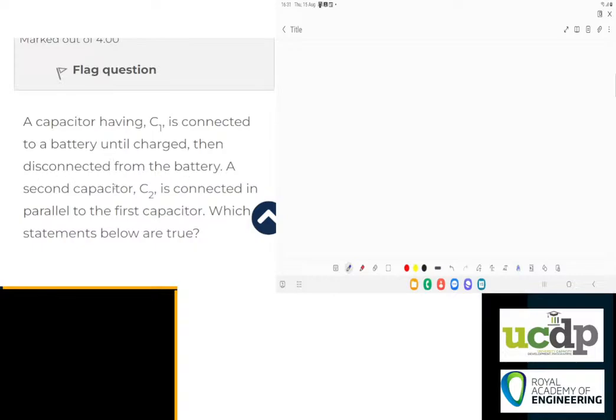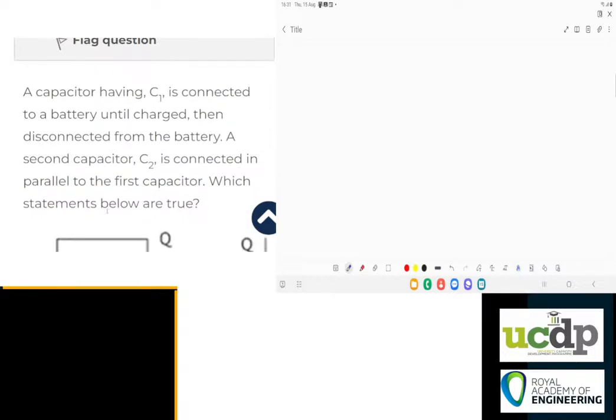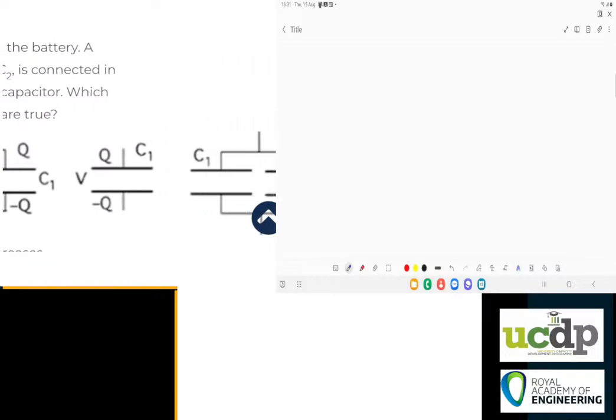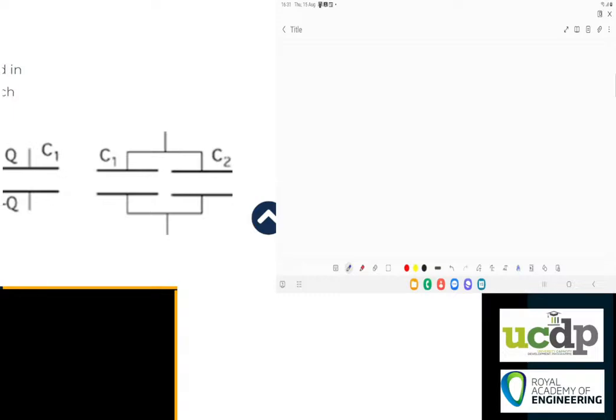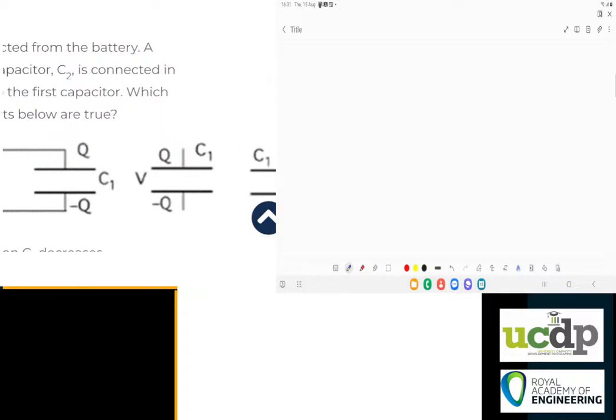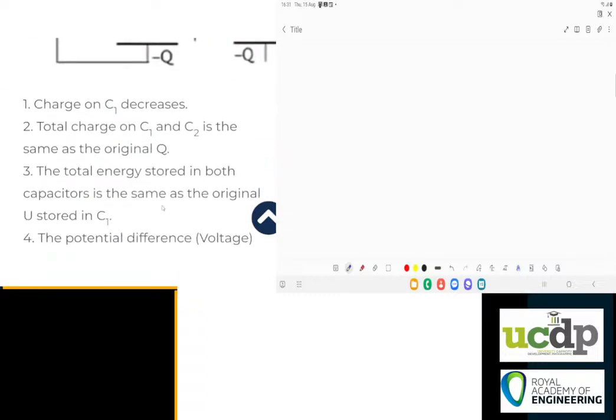A second capacitor C2 is connected in parallel to the first capacitor. Which statements below are true? So same scenario: a capacitor connected to a supply gains charge Q, then is isolated from the battery and now connected in parallel to another capacitor C2.